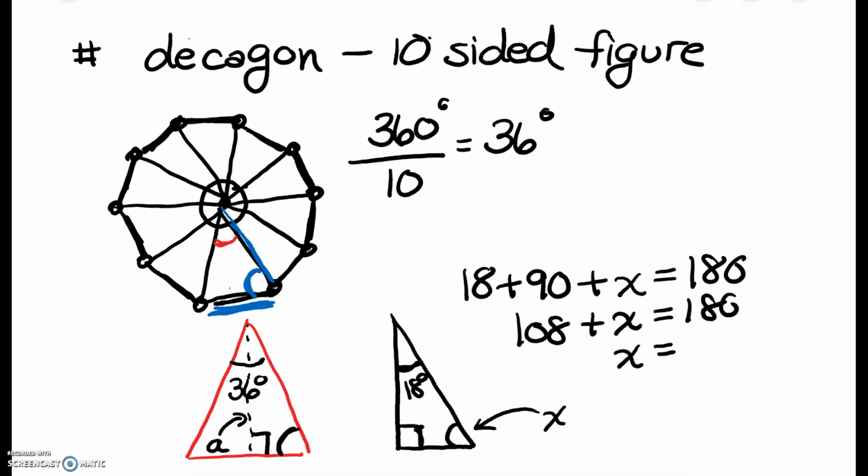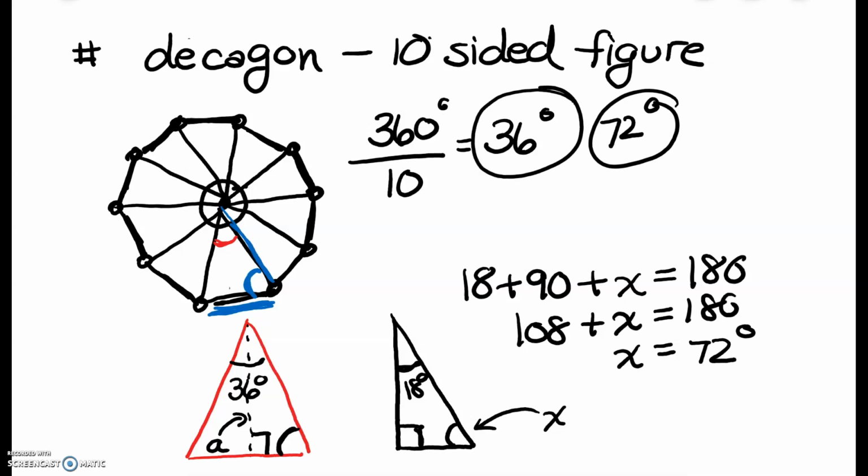And when I subtract 108 on both sides, I get 72 degrees. This little angle down here is 72 degrees. And that's how you should be working number 8. Instead of a decagon, you have a regular octagon, and you'll be dividing that octagon into 8 equal triangles instead. All right?